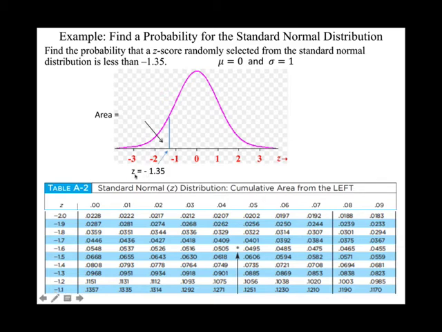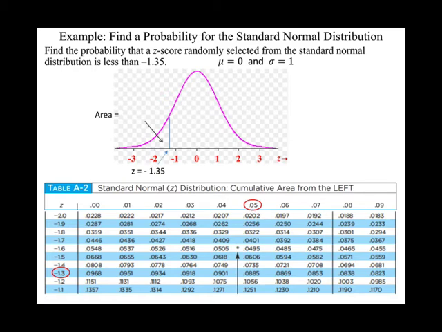And then we are working on negative 1.35. Finding from the left-hand side here, negative 1.3 is going to be here. The second digit will be on the top. So negative 1.35. Okay, you can see the 0.05 here. When you add it up, it's going to be negative 1.35.